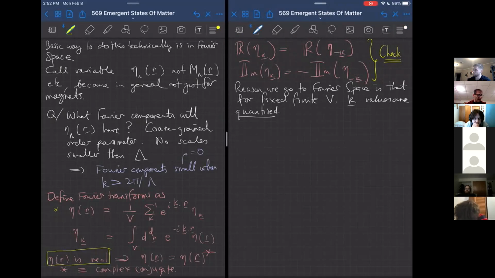And because they are quantized, I have a countable sum of those.